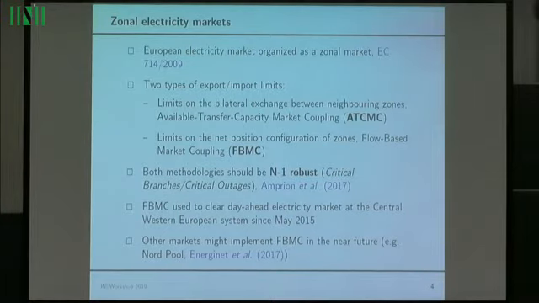The motivation here is that you can do things with inequalities on net injections that you cannot do with limits on bilateral exchanges, and therefore you increase the flexibility of the market clearing model, enable more trading to take place, and hopefully increase welfare. It's interesting to note that CWE is seen as a front runner in this evolution, and there are other entities, for example Nord Pool, that are waiting to see how this unfolds and considering also jumping to flow-based market coupling.